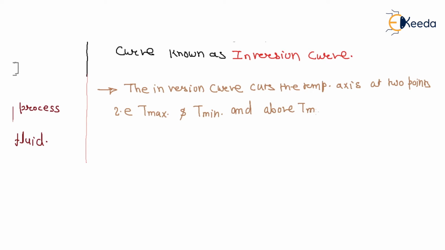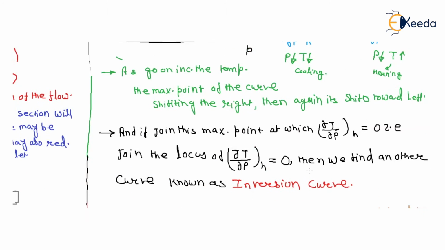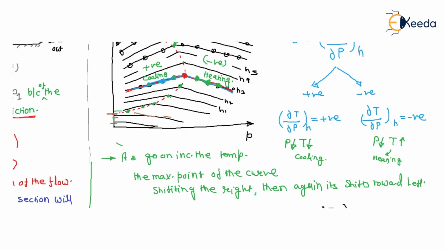Above T max and below T min, the constant enthalpy line has only a negative slope. That means it always gives a heating effect.